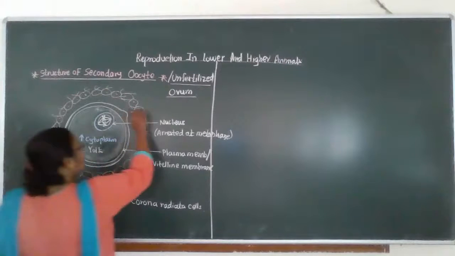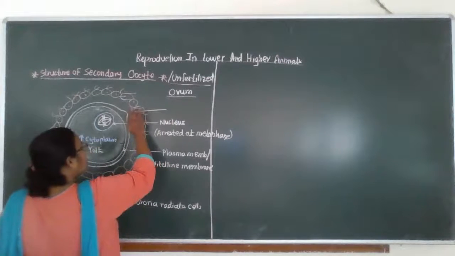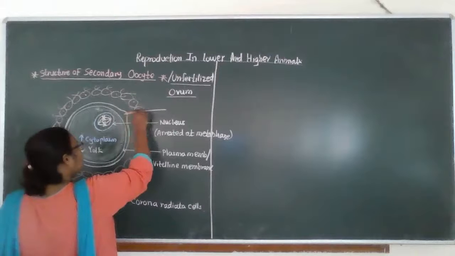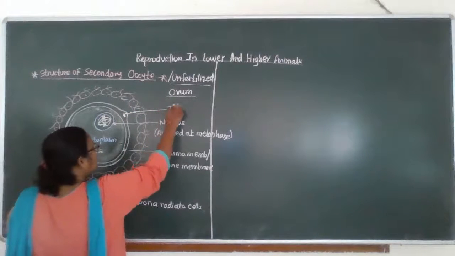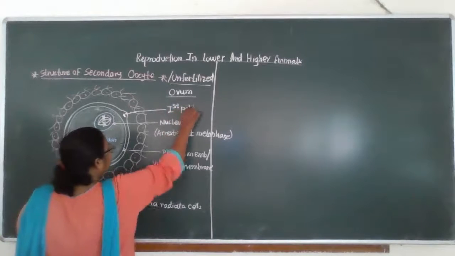And this layer is called the zona pellucida. Here I am mentioning first, here is the first polar body, in this position.